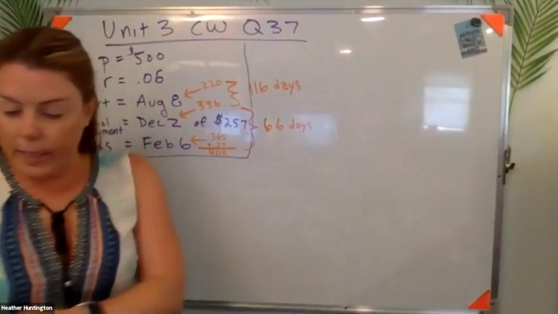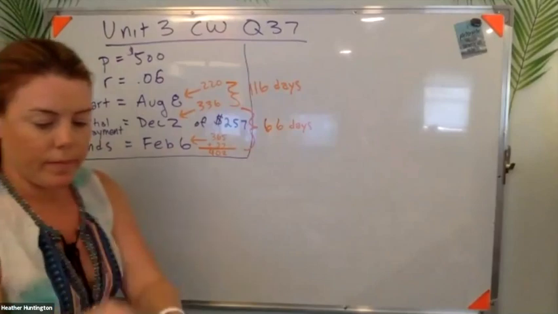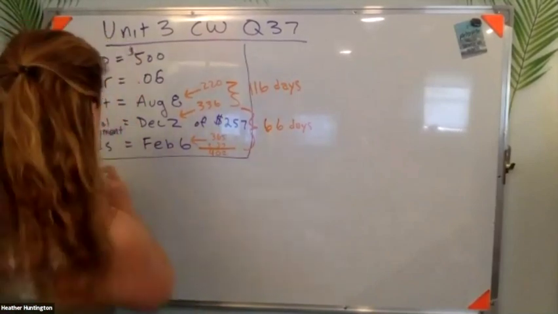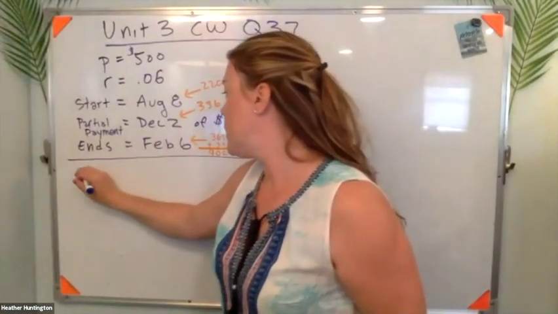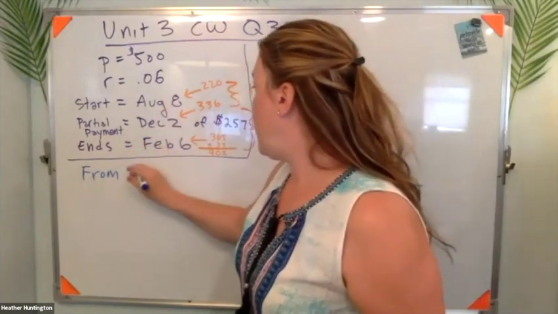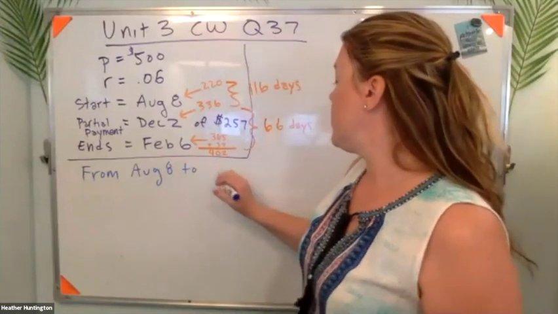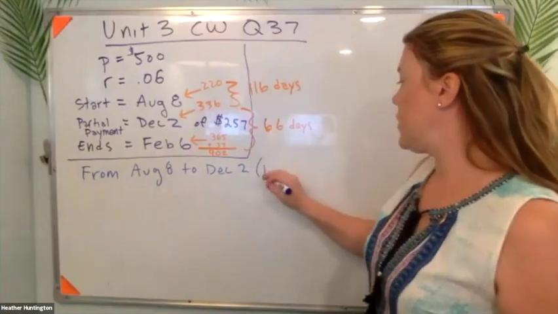Okay, now we can get into the calculation. And so you can do the first period. From August 8th to December 2nd, 116 days.